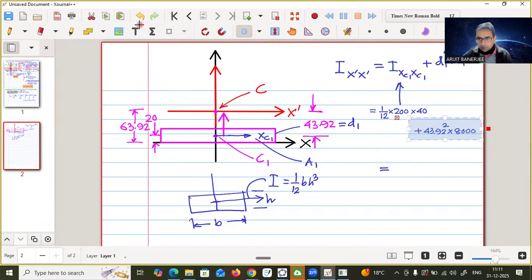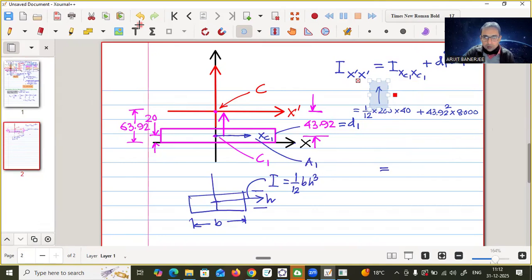It is 40 cube. So this is this value, 40 cube. bh cube. Exactly. So how much is it coming?